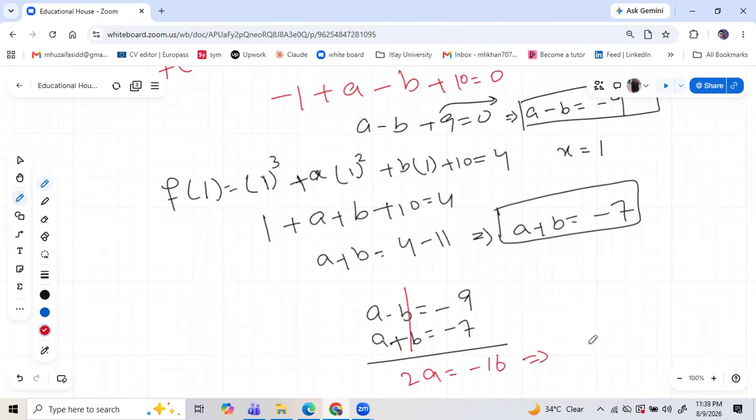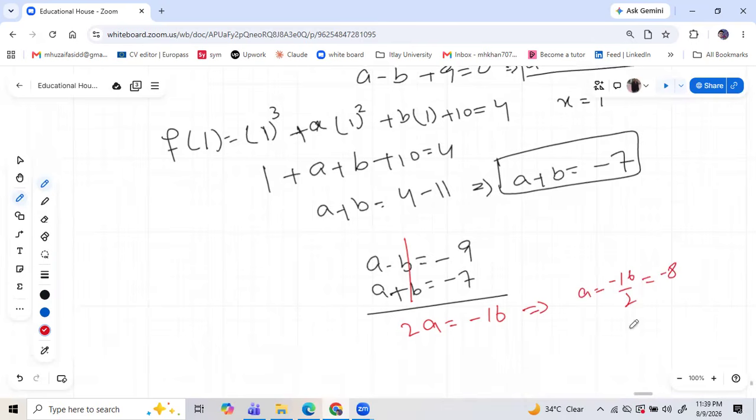So a is equal to minus 16 divided by 2, which is equal to minus 8. Our a value is minus 8.